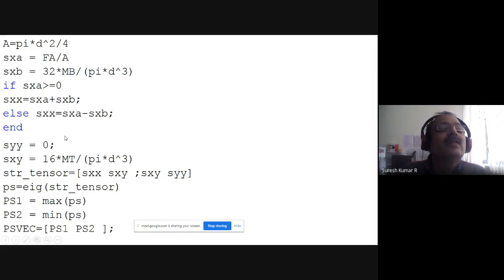So here sigma y is already 0. Tau xy is the torsional shear stress, T by Zp. And then the stress tensor, now we have only a biaxial state: sigma x, sigma y, tau xy. Now if I apply eigenvectors, then directly I get sigma 1 and sigma 2.